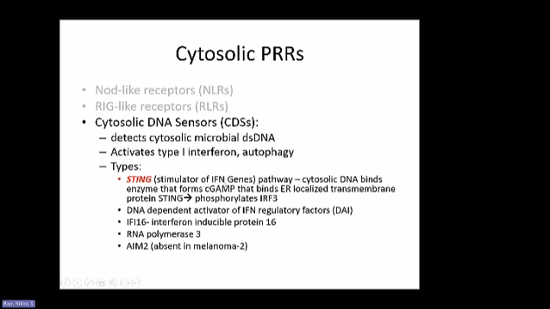As you know, this is a CDS, which means that it binds to cytosolic DNA. Once it binds to it, it leads to phosphorylation of IRFs. So we'll see how that gets activated. Some of the other CDSs include DNA-dependent activator of interferon regulatory factors, IFI16, RNA polymerase 3, and AIM2.